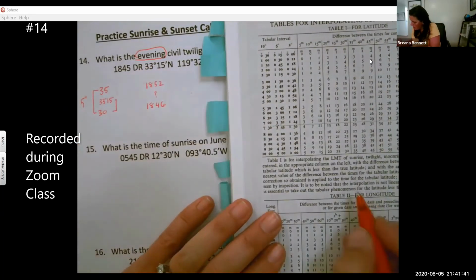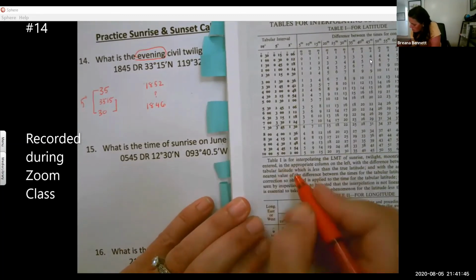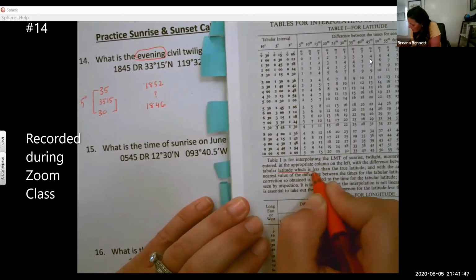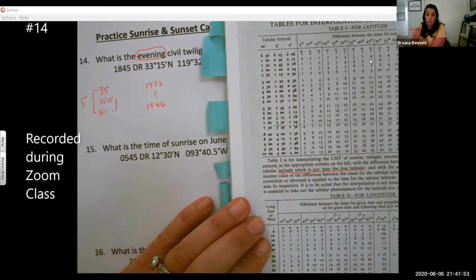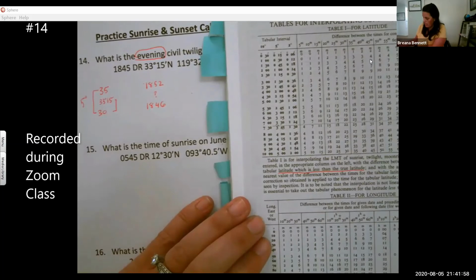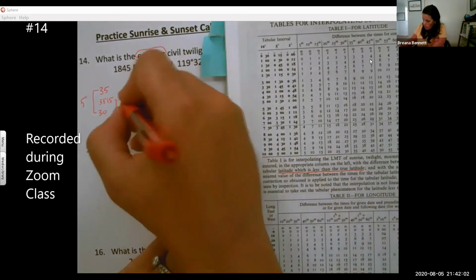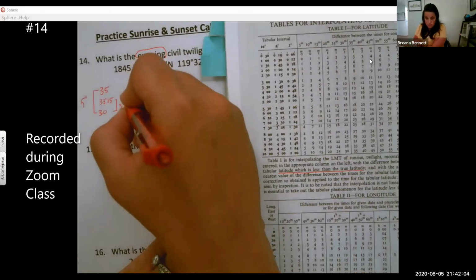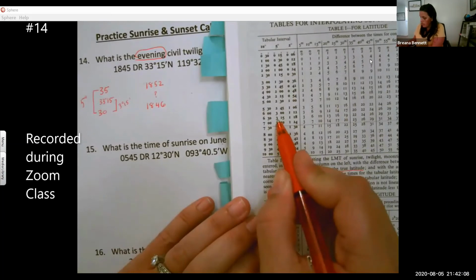Now that says, okay, right here, the latitude which is less than the true latitude. So you always go to the lower one, meaning closer to the equator. So even if you're in the southern hemisphere, you do the one less than. So we have 3 degrees 15. So we go in with 3 degrees 15. We're going to be on this line.